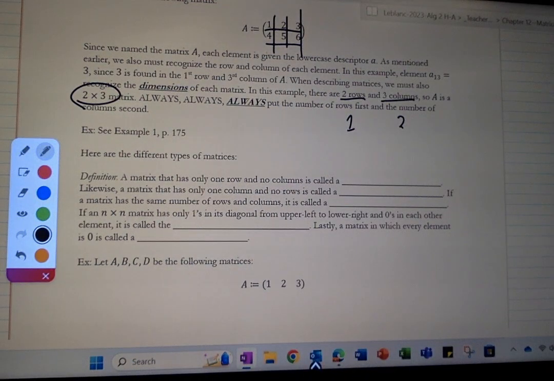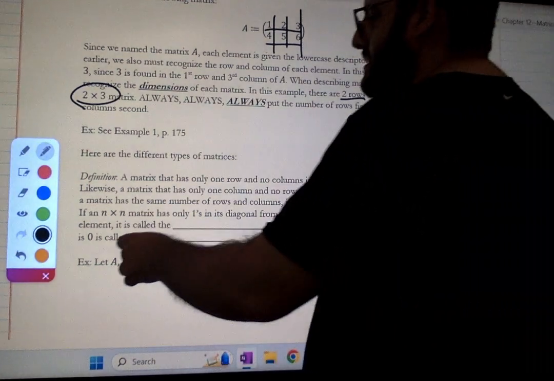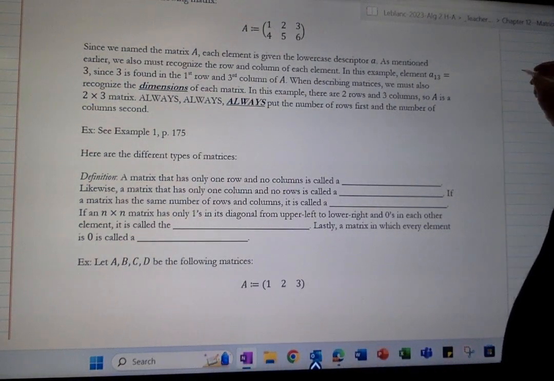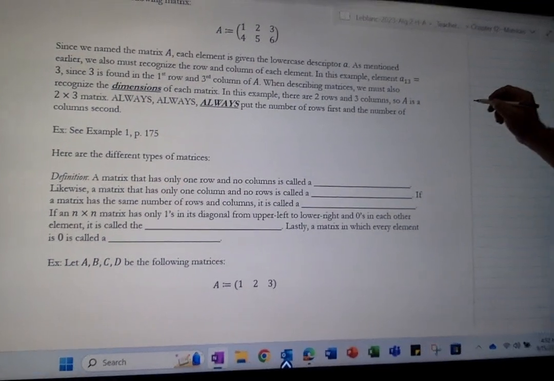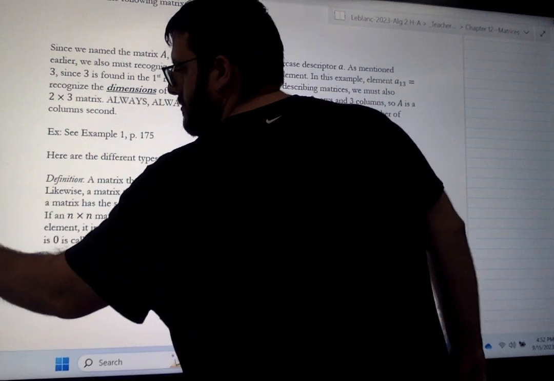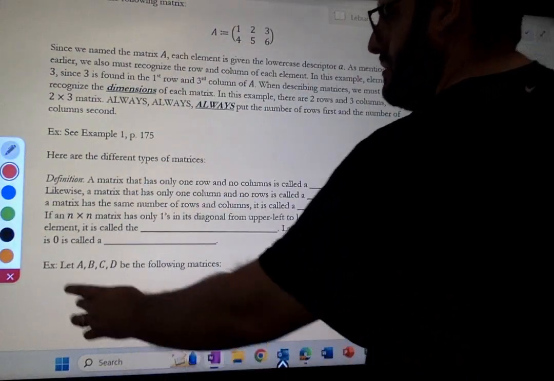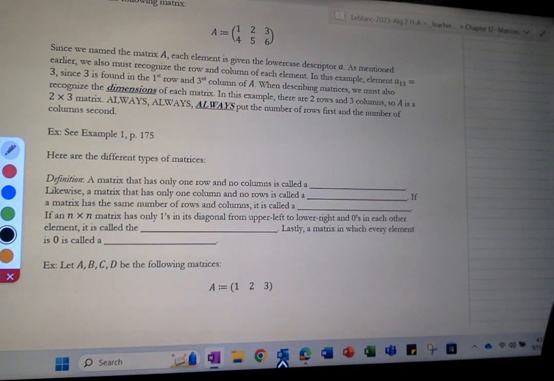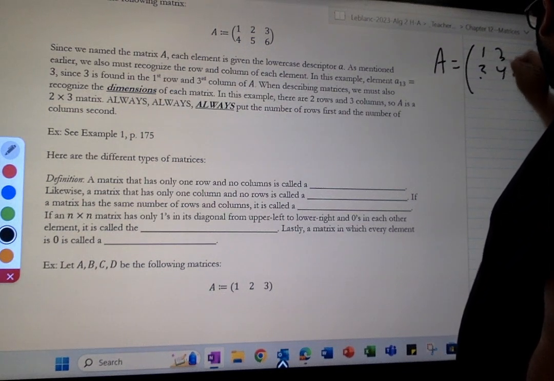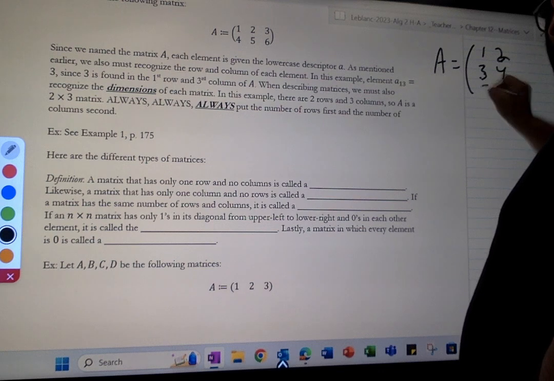All right. Let's say I wanted to switch this around. I'm going to do this off to the side here. Let's say I want A to be this matrix: 1, 2, 3, 4, 5, 6.